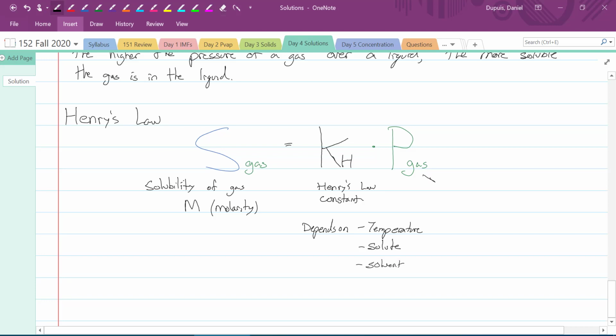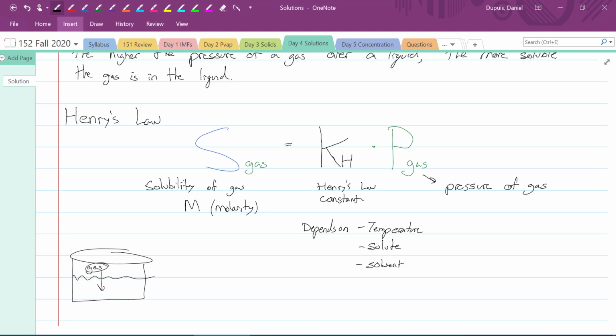And then this, of course, is the pressure of the gas. What I mean is, if I have a container with a liquid in it and I want the gas in, I have to put more gas on top. If I want CO2 in, oxygen in, nitrogen in, whatever it is.